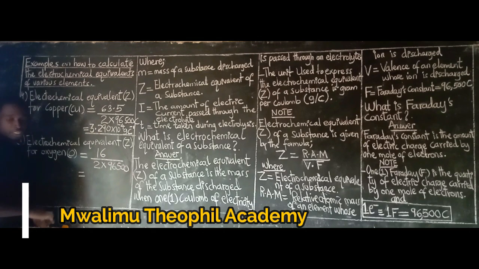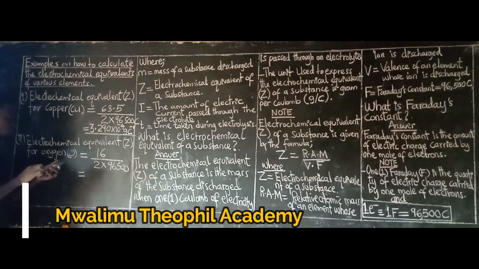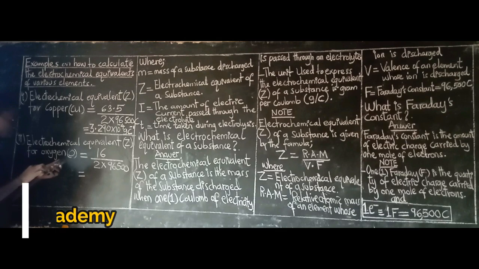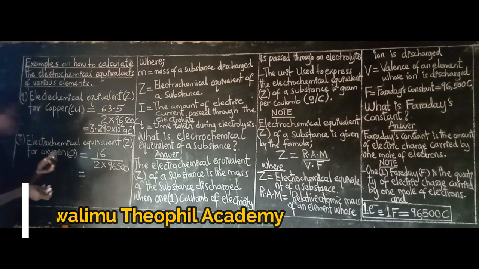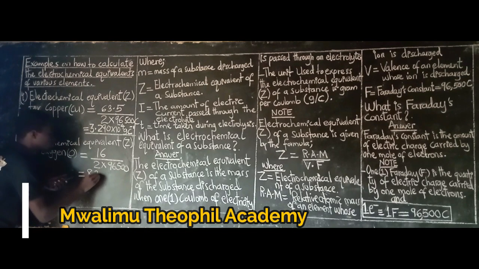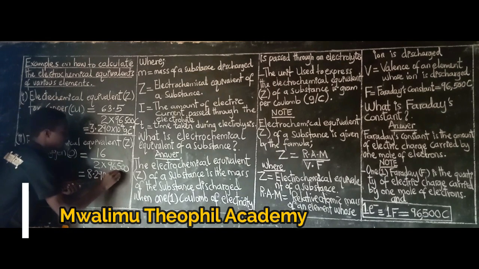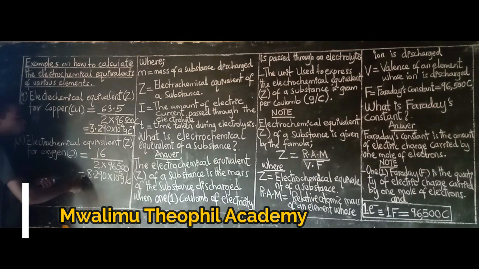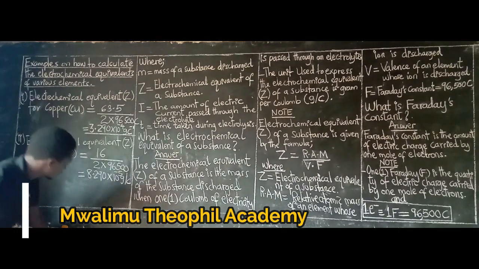When we compute it in a calculator, we enter 16 over bracket 2 times 96,500. The answer is 8.290 times 10 raised to negative 5 gram per coulomb. This is the electrochemical equivalent for oxygen.